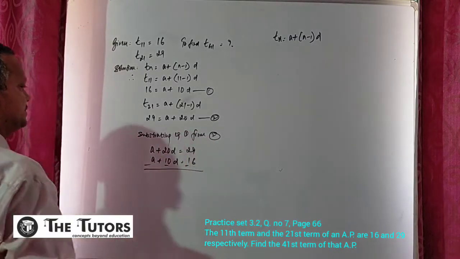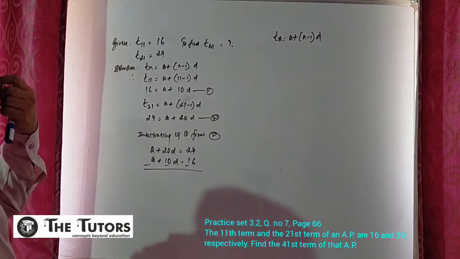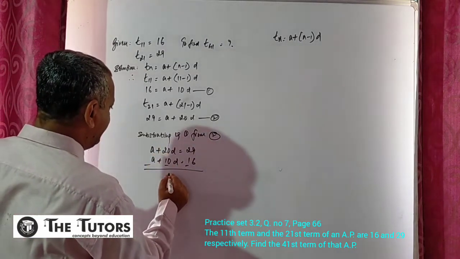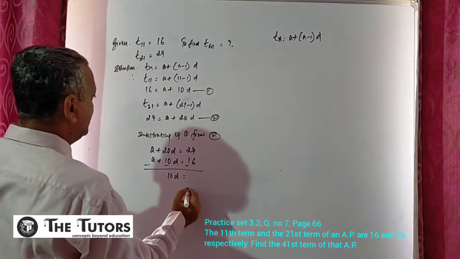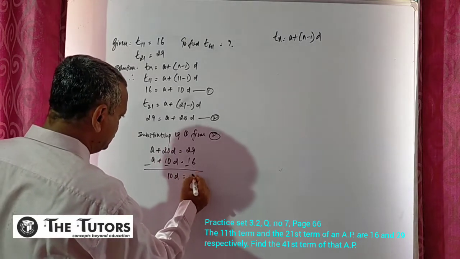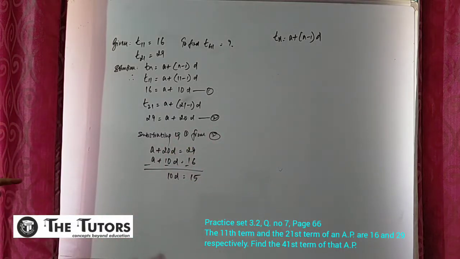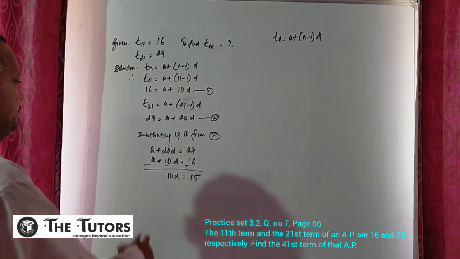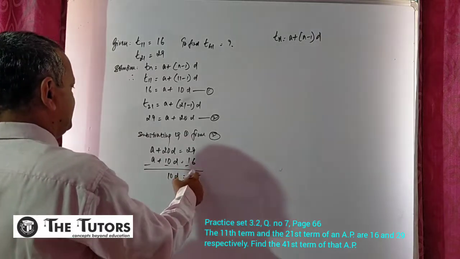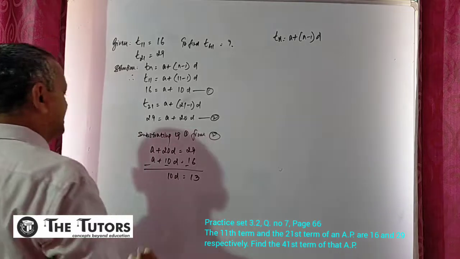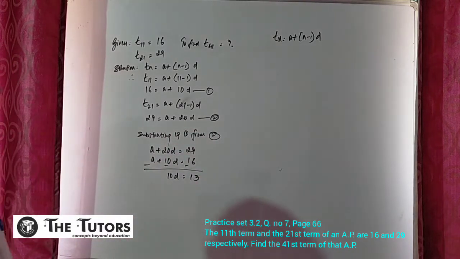Minus, minus, minus. You are left with 10d is equal to 13.